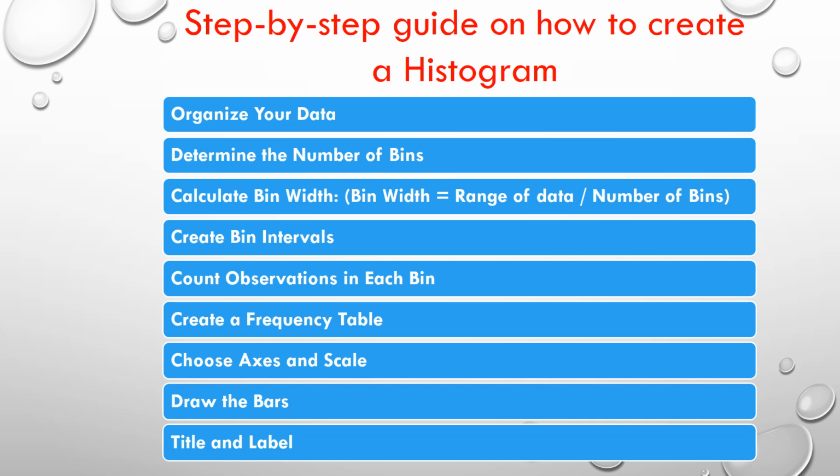You can use various software tools to create histograms, such as Microsoft Excel, Python using libraries like Matplotlib or Seaborn, R, or other statistical software. Remember, the effectiveness of a histogram depends on thoughtful choices in bin width and the number of bins, so experiment with these parameters to find the representation that best conveys the characteristics of your data.